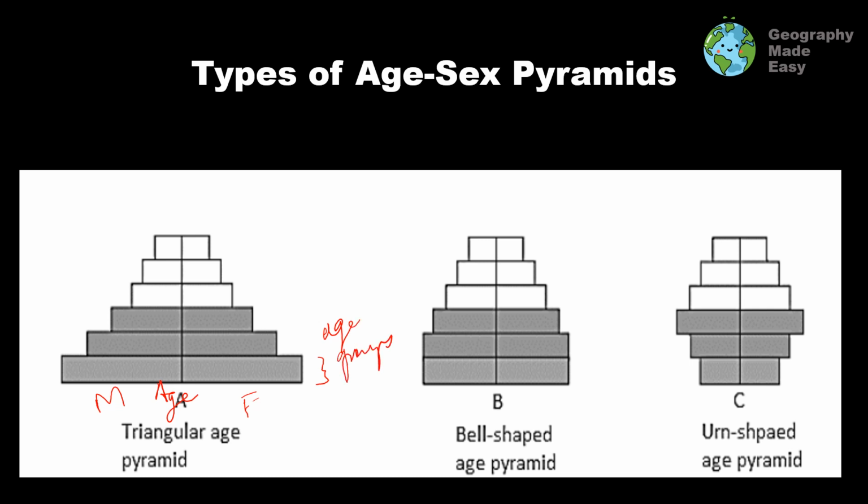So we have the first type, which is the triangular age pyramid, then the bell shape, then the urn shaped.